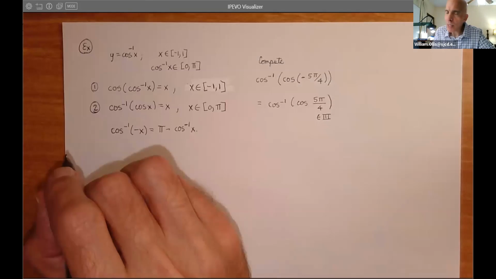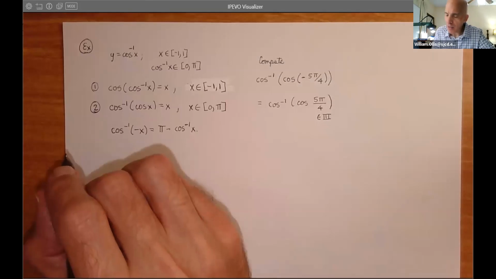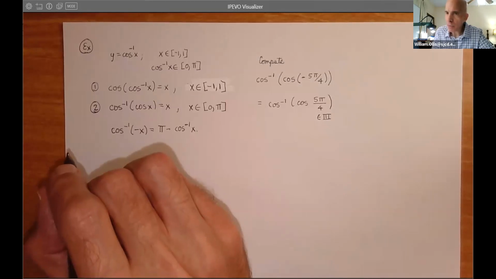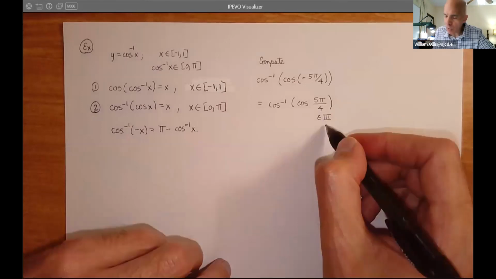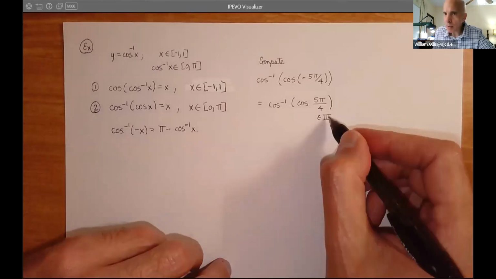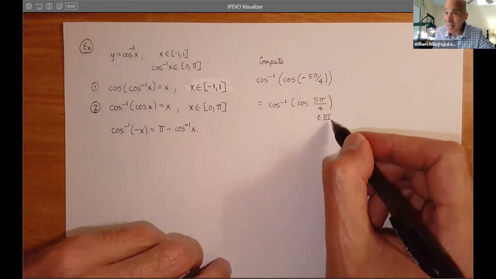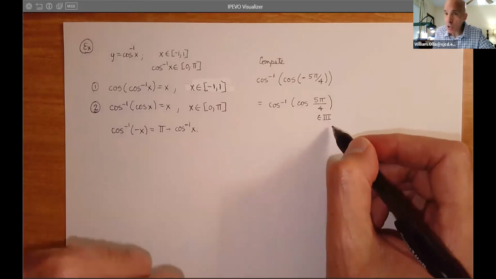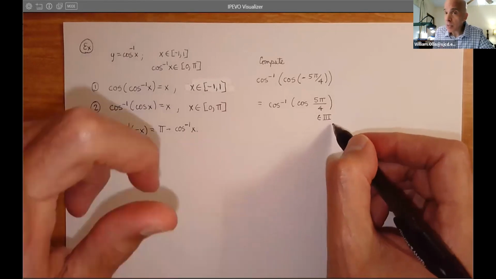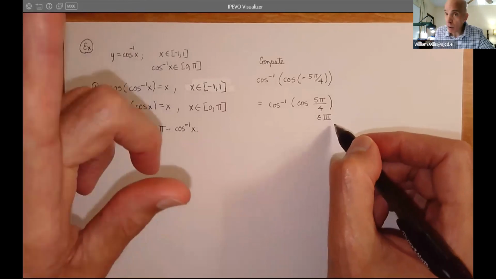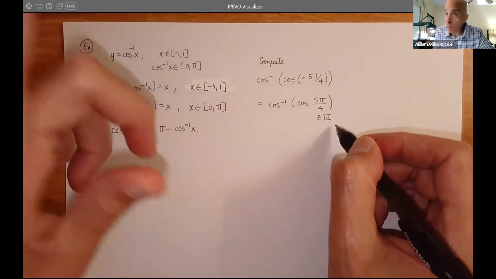So how could we write this with a reference number that would give us an equivalent value of cosine? Well, remember, in the third quadrant, the cosine is what? It's negative, because the x is negative. And so if we use the reference number, the t bar, and put in the negative, we'll be good.